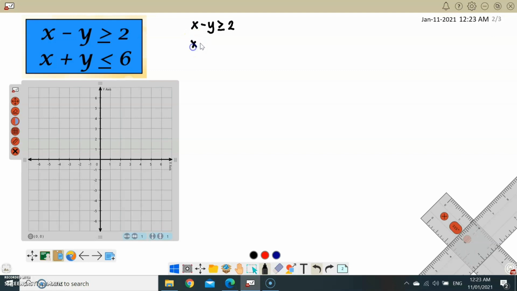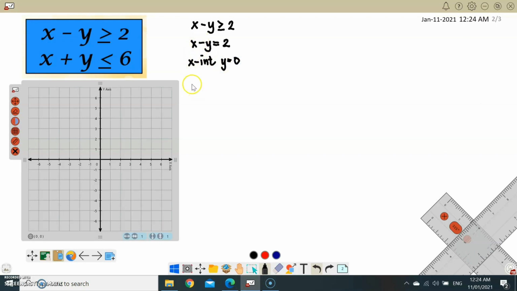So x minus y, inequality symbol changes to equal sign, and we have the equation x minus y is equal to 2. Now, in graphing this one, we can use x and y intercept. By doing so, we need to find first x-intercept by letting y be equal to 0.